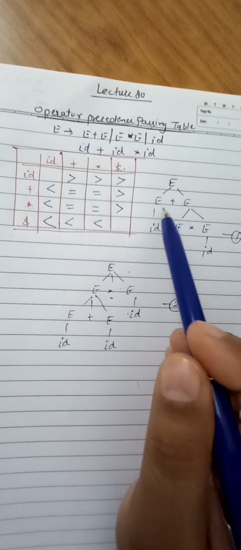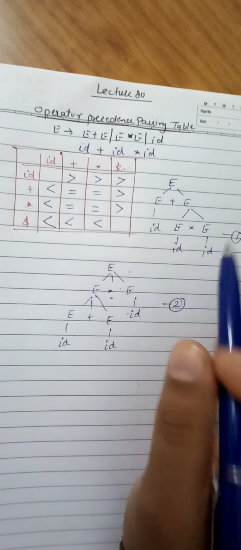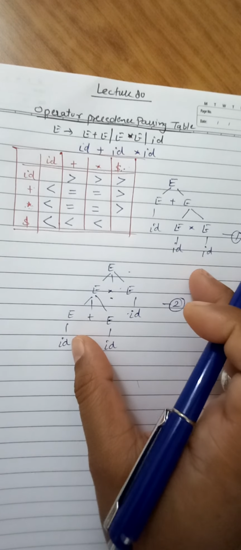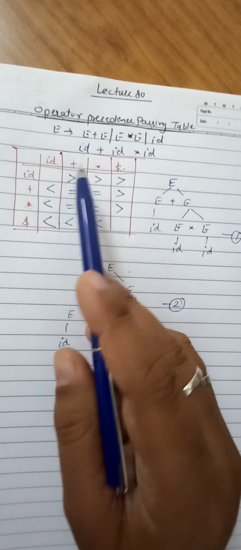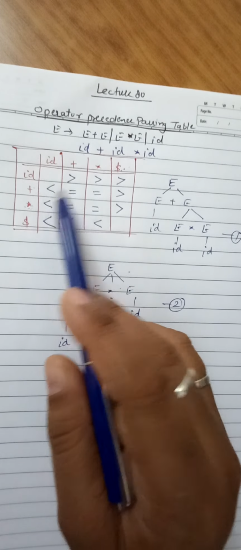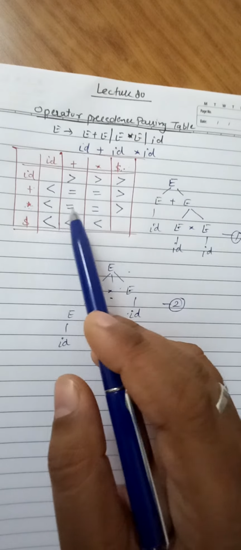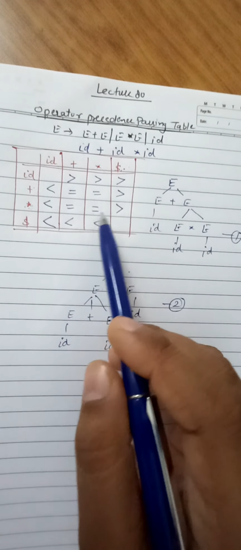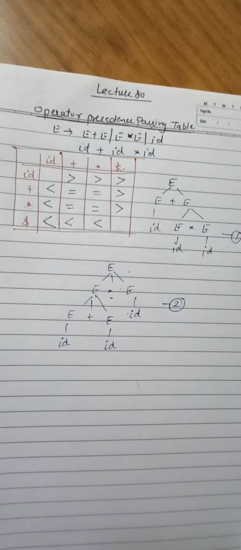Either we expand first E plus E or first E star E, in both ways we are getting this string id plus id star id. So that's why plus and plus have equal precedence, plus and multiplication have equal precedence, multiplication and plus have equal precedence, and multiplication and multiplication have equal precedence. So this is the precedence parsing table for this particular grammar.